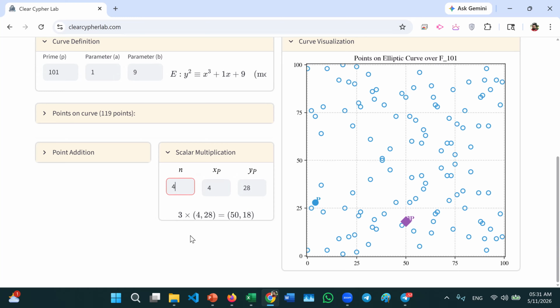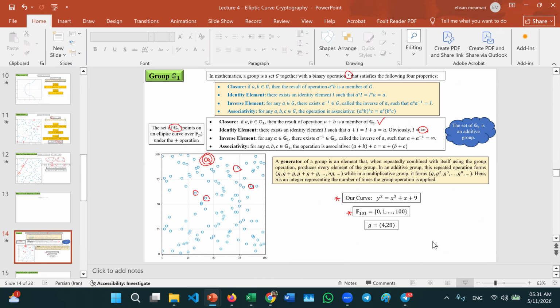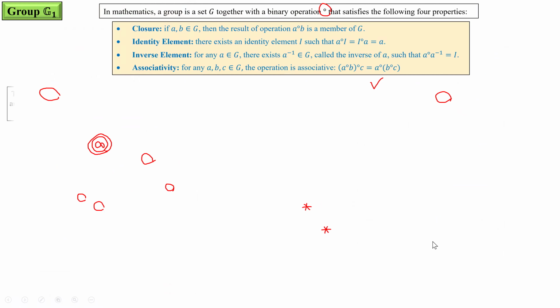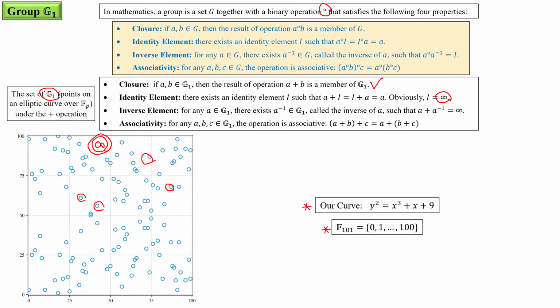If I put 4, I generate (27, 78). So by different values of n, I should be able to reach all of the points in this figure and even the point at infinity, and then I can see that, oh, correct, this is the generator of this group.